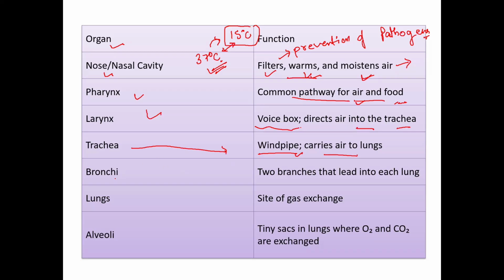That division is called the bronchi, two branches that lead into each lung: first the right bronchus and then the left bronchus. The lungs are the main site of gas exchange. The lungs are composed of a network of bronchioles, bronchi, and alveoli. The alveoli are the terminal part of the lungs, tiny sacs where oxygen and carbon dioxide are exchanged.